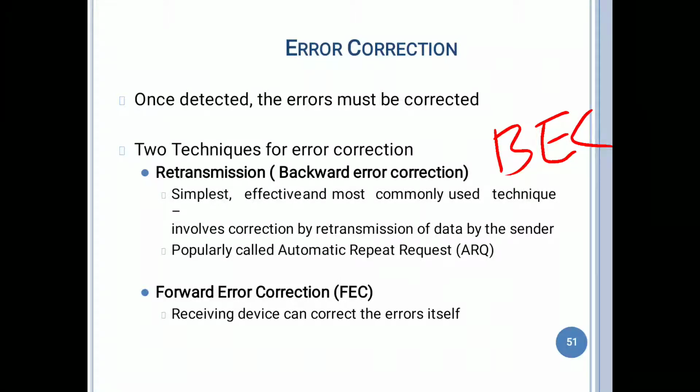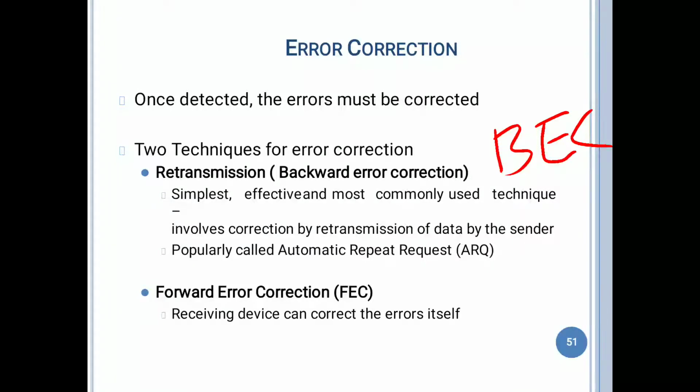The backward error correction is also called retransmission. So retransmission of the same data is possible by using backward error correction. Simply we call it automatic repeat request, that is the ARQ technique. So with ARQ, the sender sends the data to the receiver and waits for the acknowledgement.